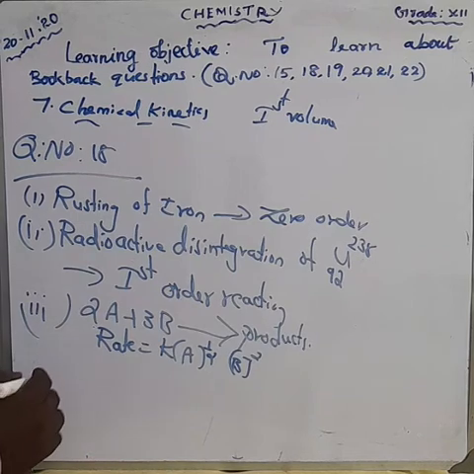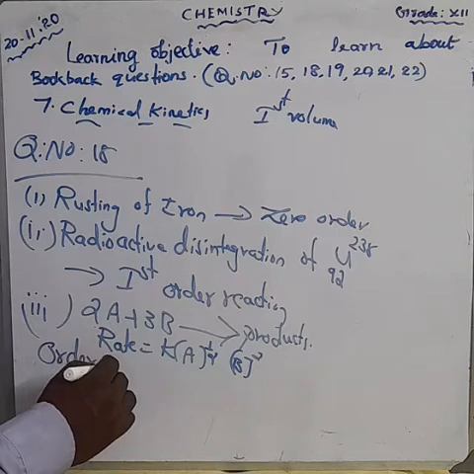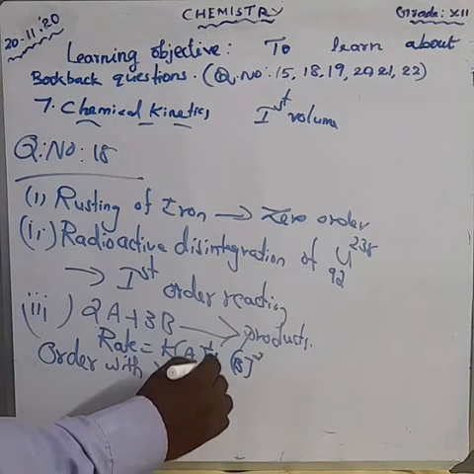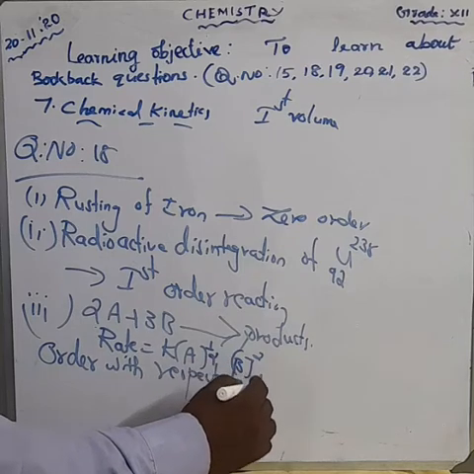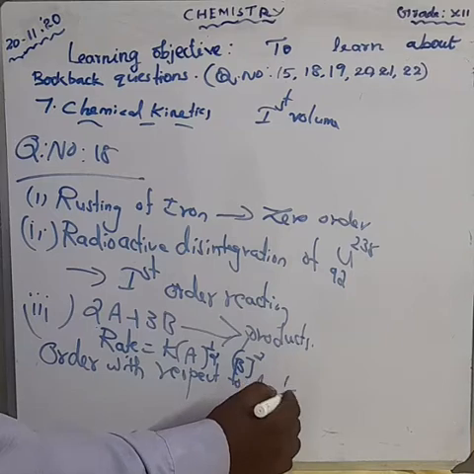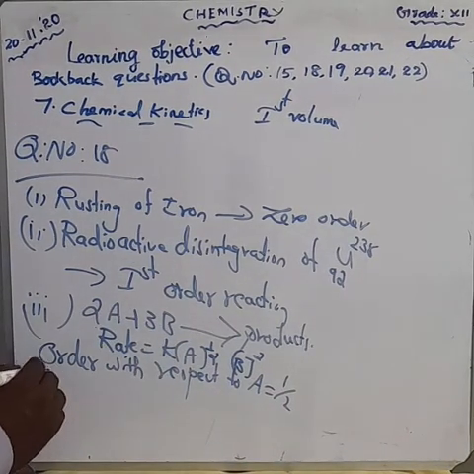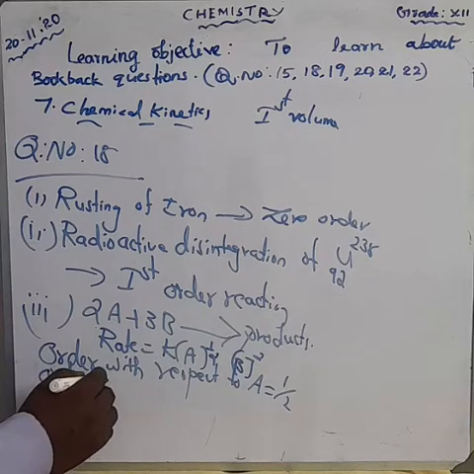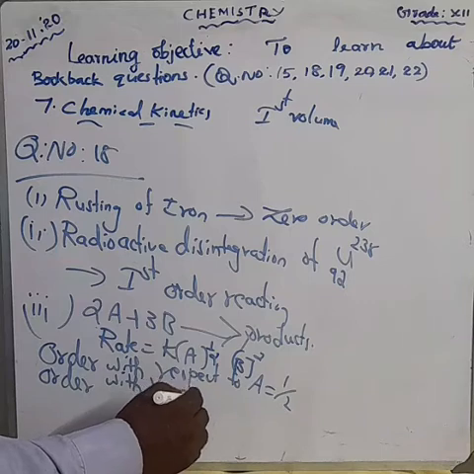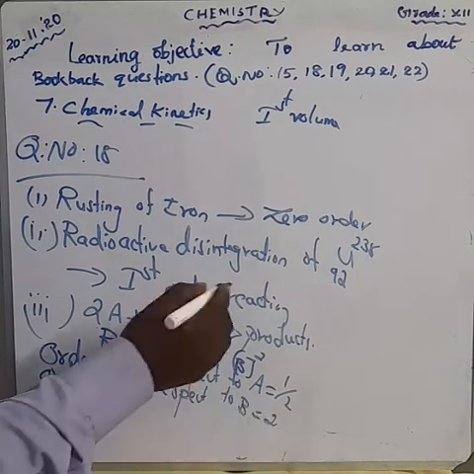Next you should write the order. Order with respect to A is equal to 1 by 2. Order with respect to B is equal to 2.